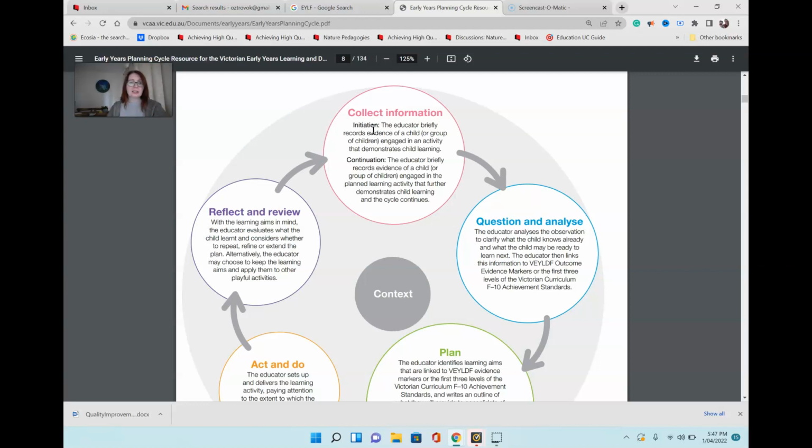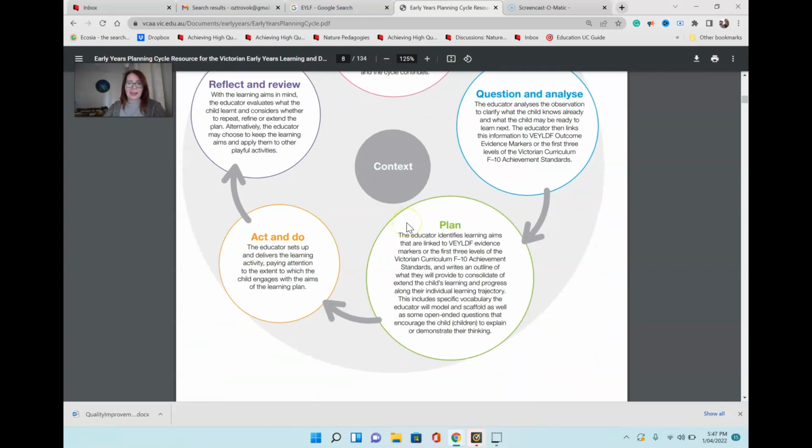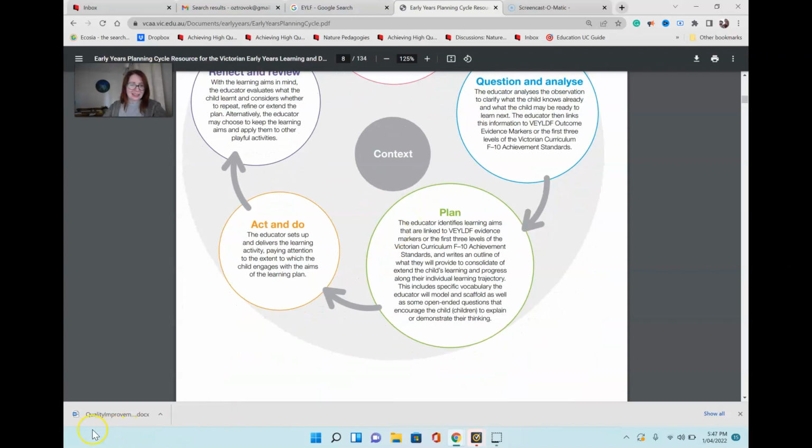So this cycle is not happening once. Usually it goes on and on and on, and this is what assessors want to see. So that's about the cycle. The next video will be about how to use this cycle for your planning based on the examples that we will look at.